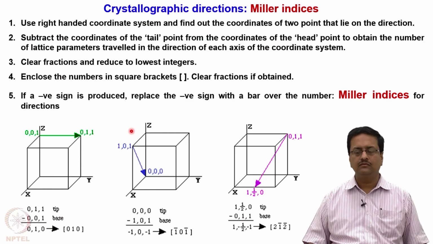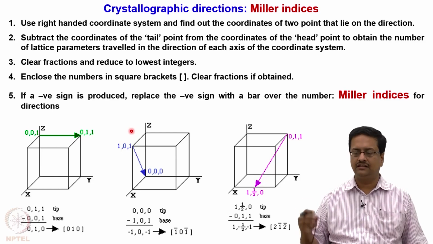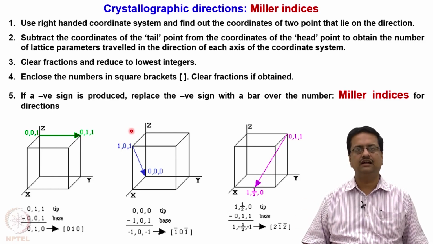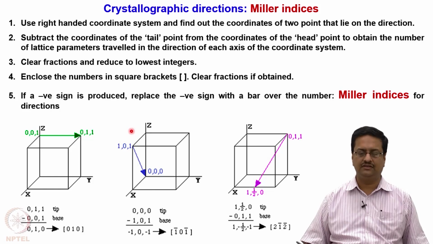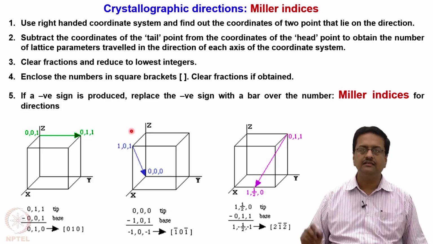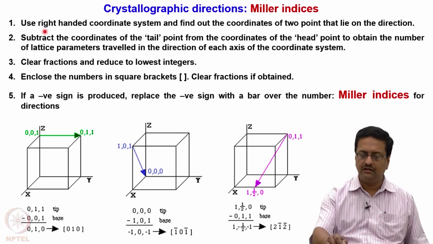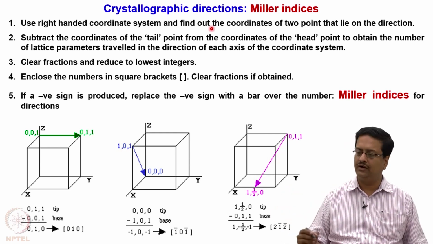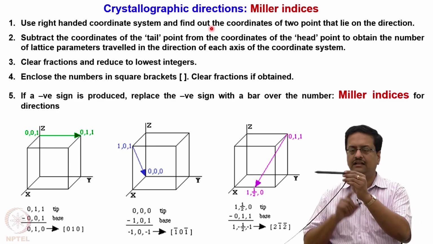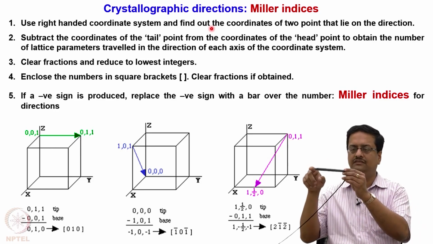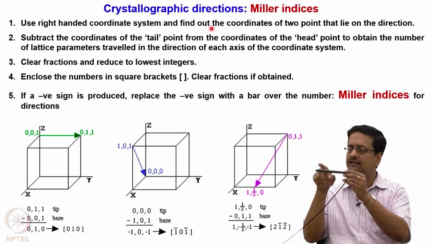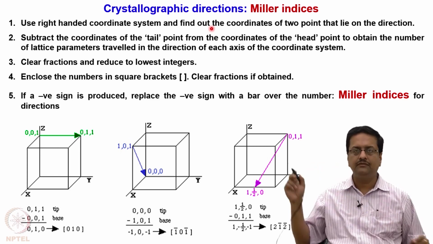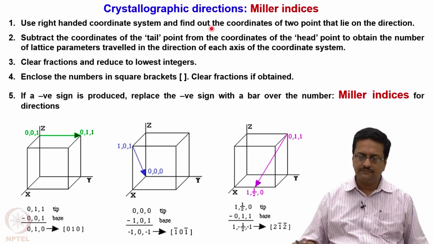So now let us try to identify the crystallographic directions and the corresponding Miller indices for that. Once again, we use the right-handed coordinate system to find out the coordinates of the 2 points that lie on the direction. Suppose this is the direction, I want to find out the 2 points, the bottom point and the top point, and determine the corresponding coordinates.